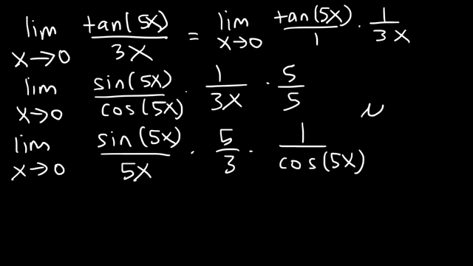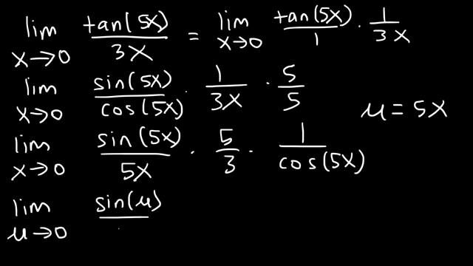So now I'm going to set 5x equal to u. So this becomes the limit as u approaches 0, sine u divided by u times 1 over cosine u times 5 divided by 3.